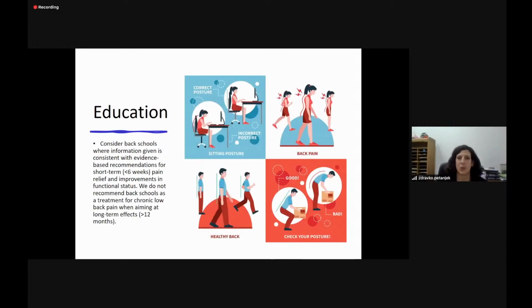What is really, really important is that you explain to your patient what he can do for himself to stop feeling pain. It is really important to change the way you are sitting, walking, or just standing, the way you sleep in your bed, and the way you lift heavy weights.